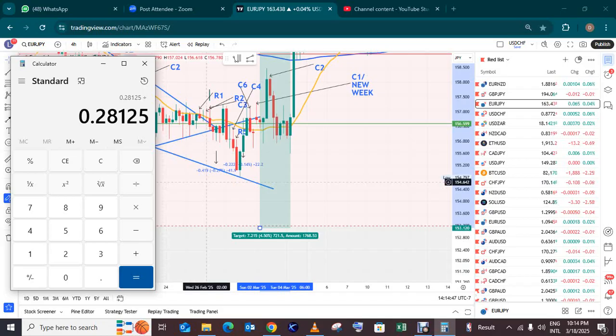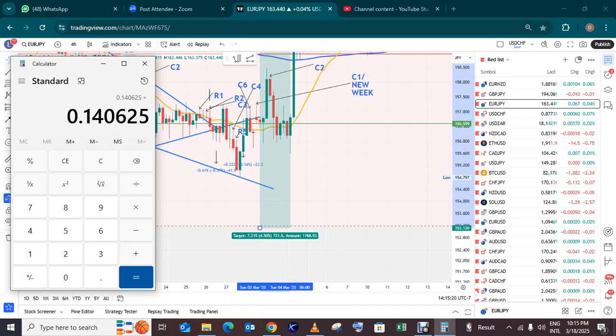So now we have 0.28. That's the percentage of the TP, and this should be our TP2. After you've divided 4.50 in 4 places, the total you get should be 0.28. You're going to divide this one more time, which will give you 0.14. That's 0.28 divided by 2, you're going to get 0.14.